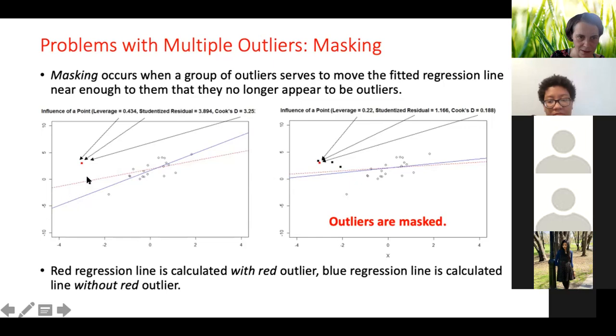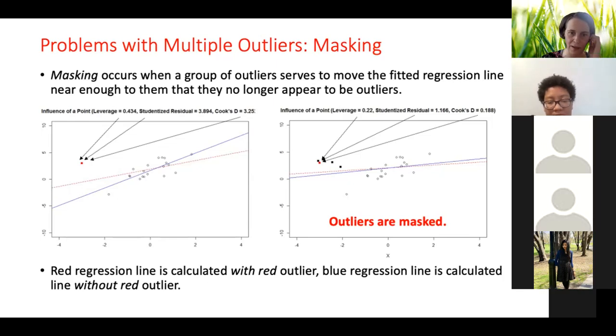When it was a single outlier, it was a massive difference. Now that we have multiple outliers, excluding one of them actually doesn't make a huge difference. That means all these methods like Cook's distance, that rely on removing one case from the data set, are basically not very effective if you have multiple outliers in the same region. So that is a problem.